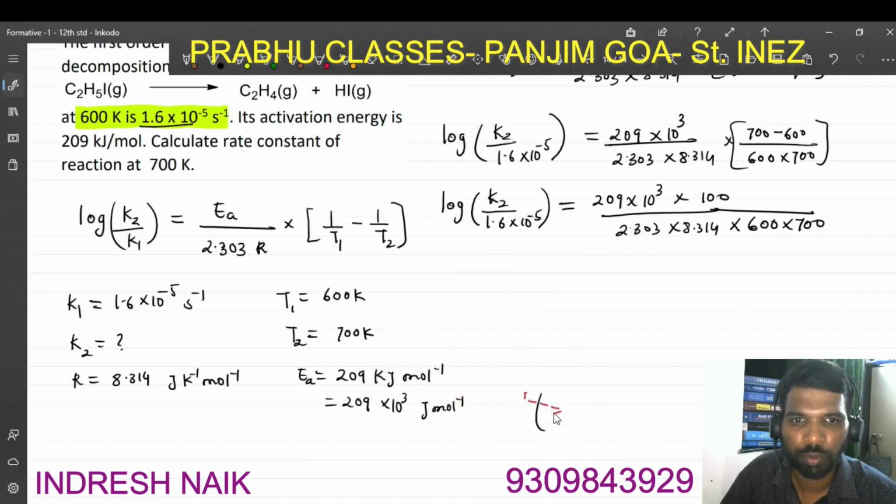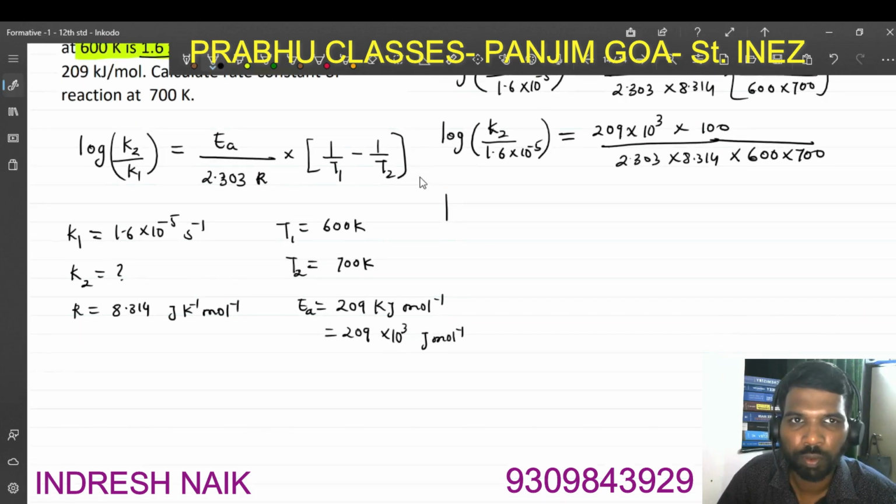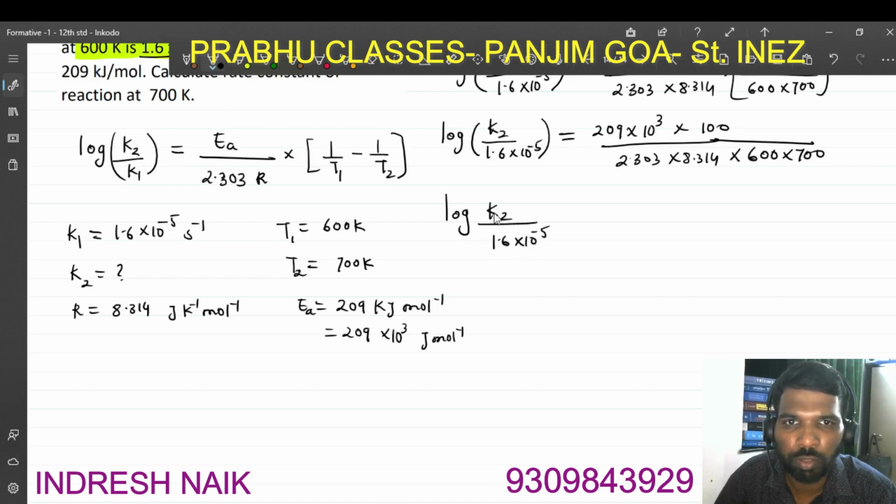Yes, that is what we did not consider over here. So just make a correction. I'll write this way: log of K2 upon 1.6 into 10 raised to minus 5 is equal to how much?